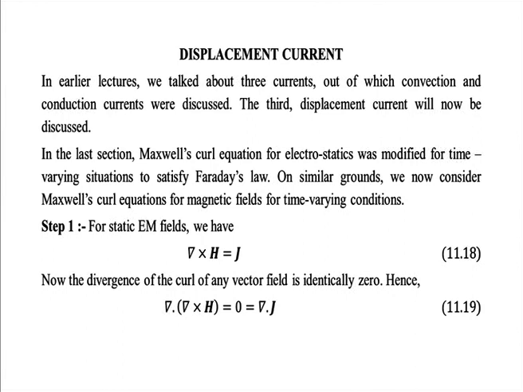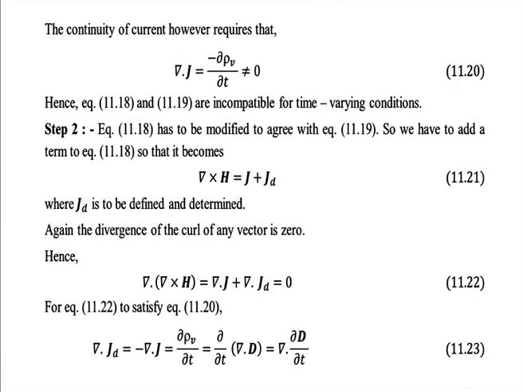Now, for static electromagnetic fields, we have curl of H is equal to J. Now, we use an identity that the divergence of curl of any vector is equal to 0, or divergence of curl of H is equal to 0, which is equal to divergence of J. But from the continuity equation, we also know that del dot J is equal to minus del rho V by del T, which is not equal to 0. Hence, equation 11.18 and equation 11.19 are incompatible for time varying conditions.